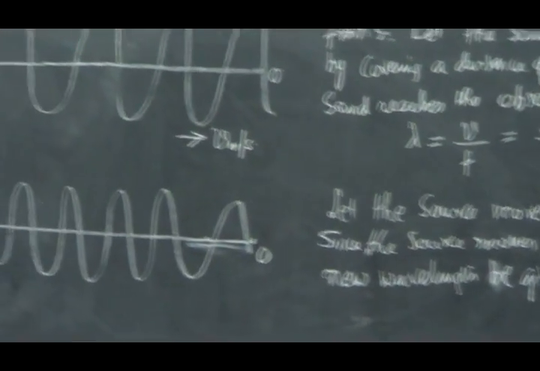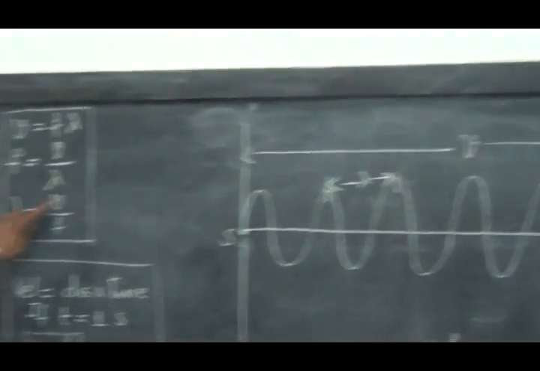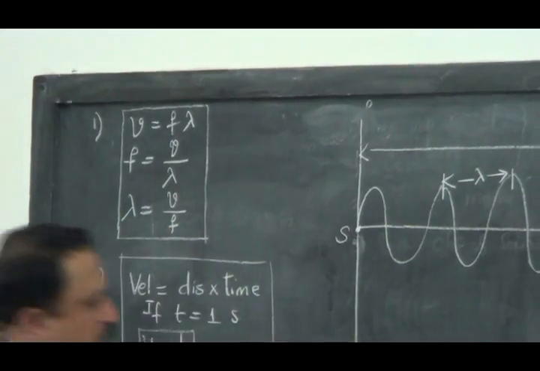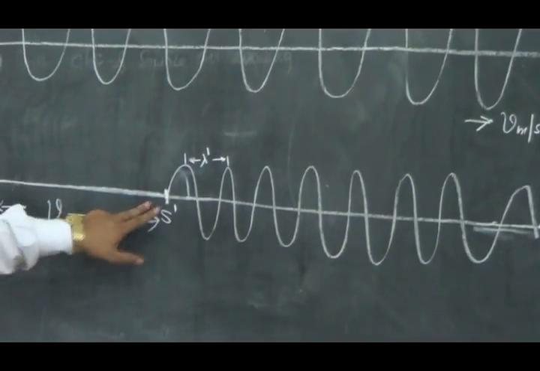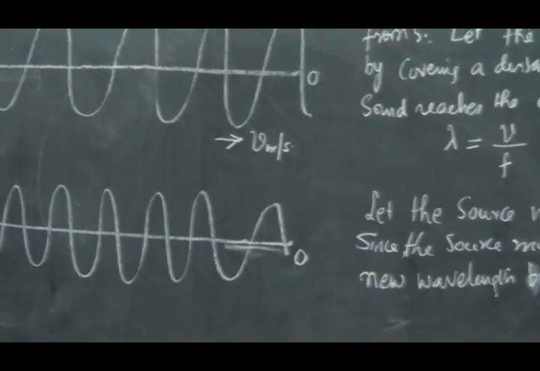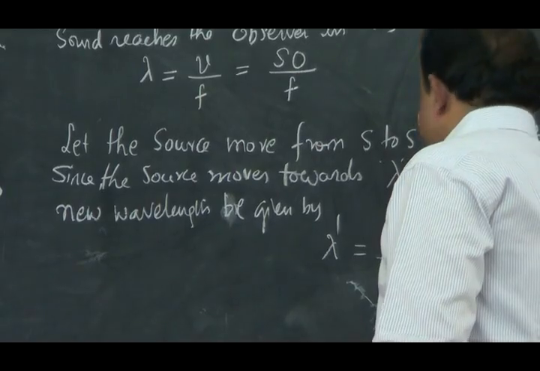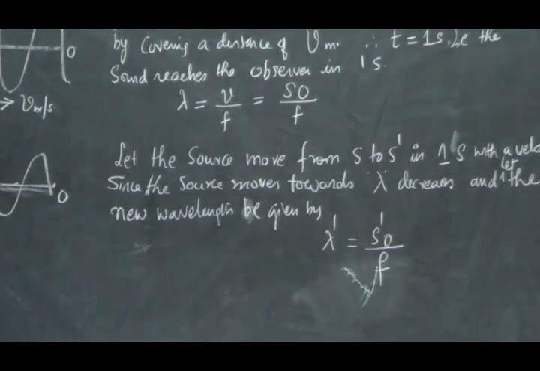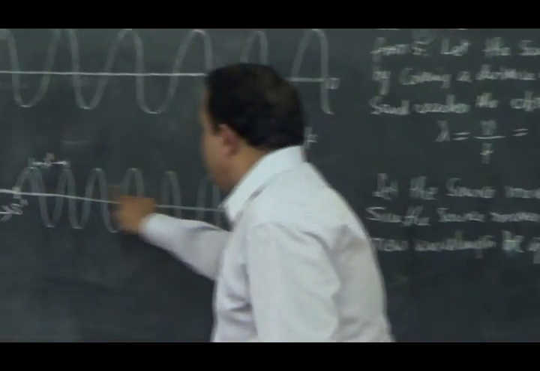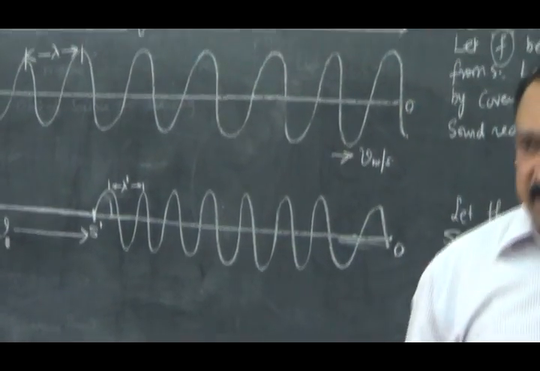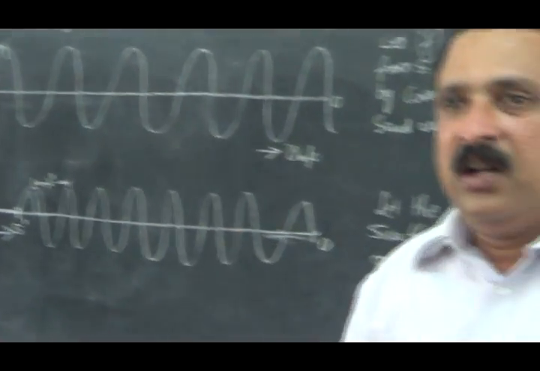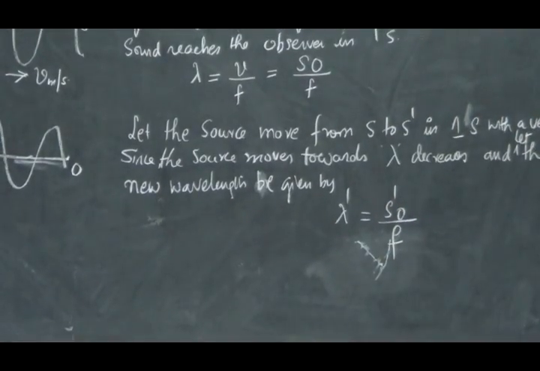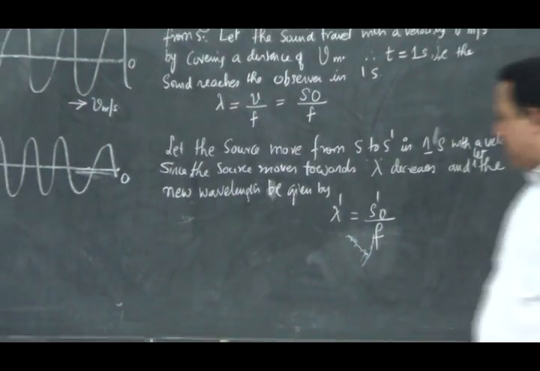Okay, now use again the fundamental formula for lambda. Lambda is d by f. Here also the motion has occurred in 1 second. So here what is the distance left over? S dash O divided by f. The same f here also. 1, 2, 3, 4, 5, 6, 7, 8. F remains the same. Only the wavelength now decreases in the allotted space. So lambda dash equals S dash O divided by f.